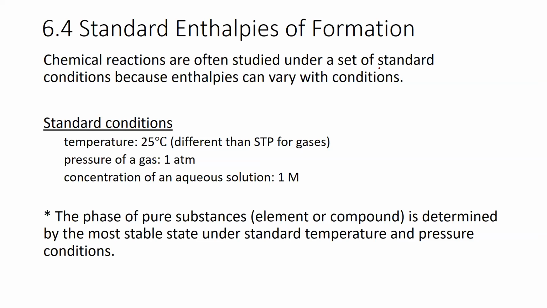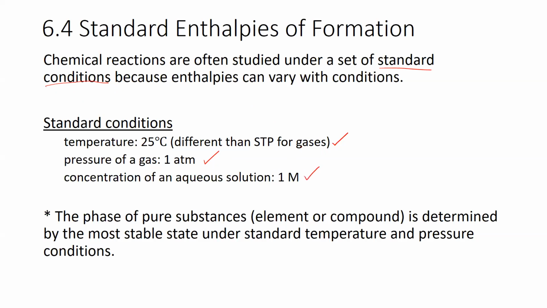We like to compare chemical reactions that take place under a standard set of conditions, so we're comparing all the things that are the same, except for the chemical reaction that occurs in one case versus another. So we want to keep things that we can control the same. The standard conditions that we tend to use for chemical reactions are 25 degrees Celsius, 1 atmosphere, and 1 molar.